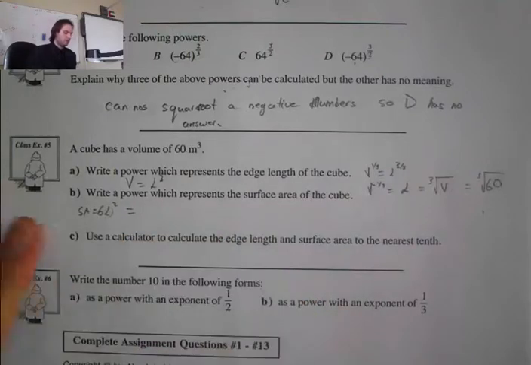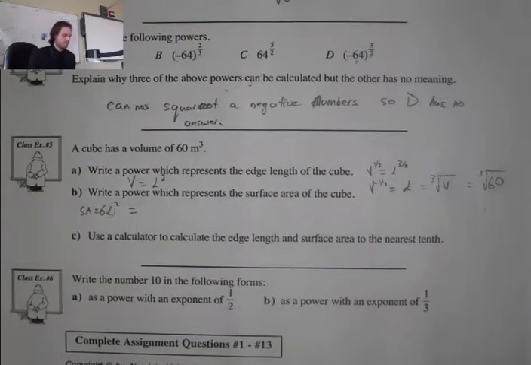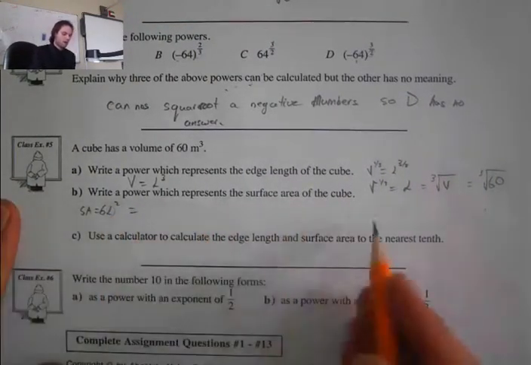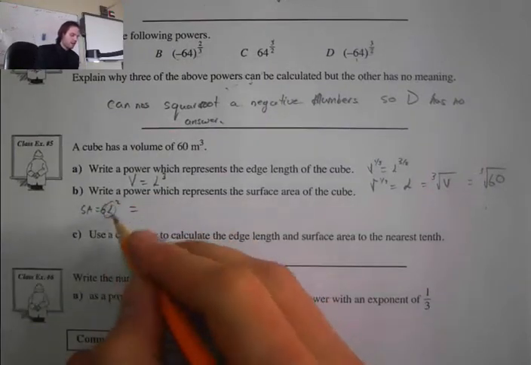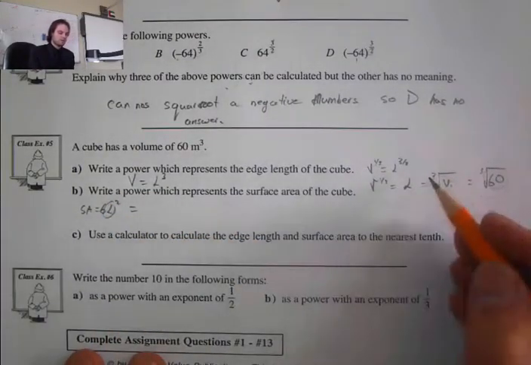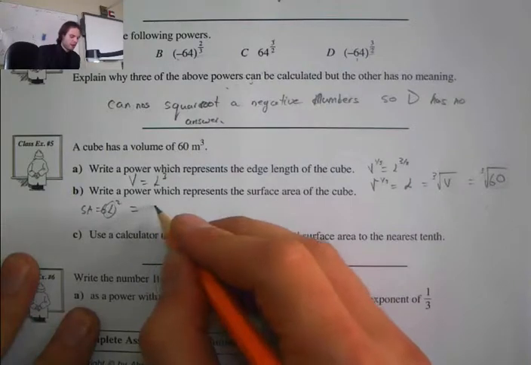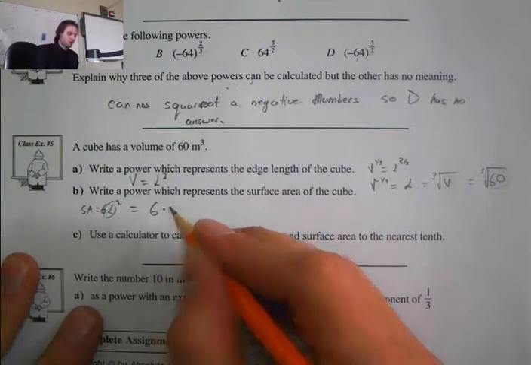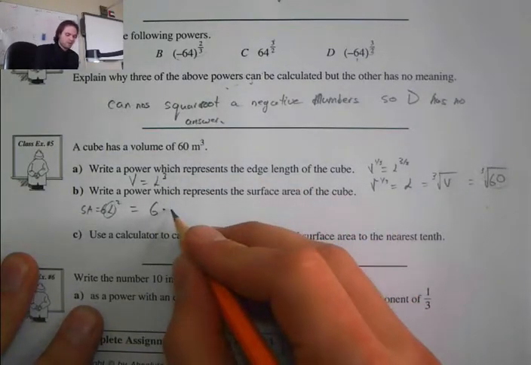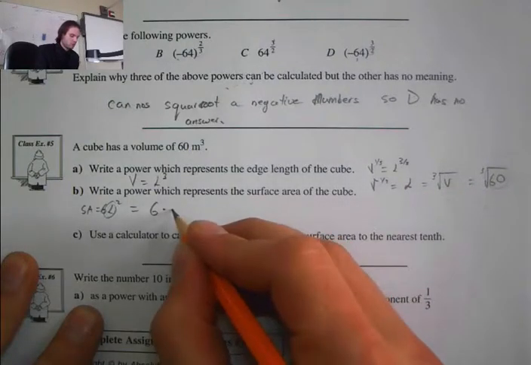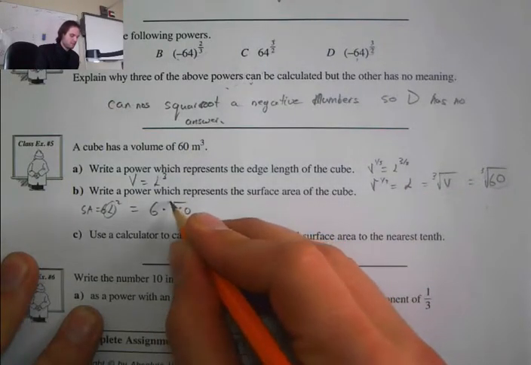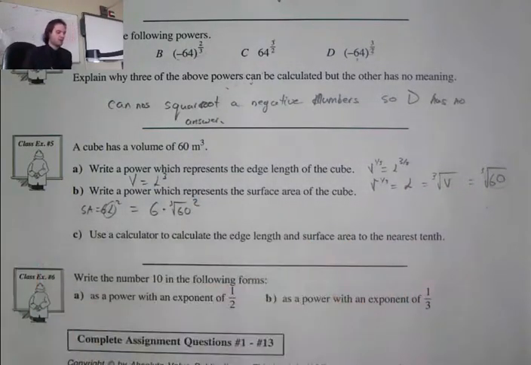So, what is this equal to now? Well, I want to isolate for that L, or surface, right, power for surface area. Well, my length is equal to what? The cube root of 60. So what I'm going to have is surface area equal to 6 multiplied by my length, the cube root of 60, and we have to square that.